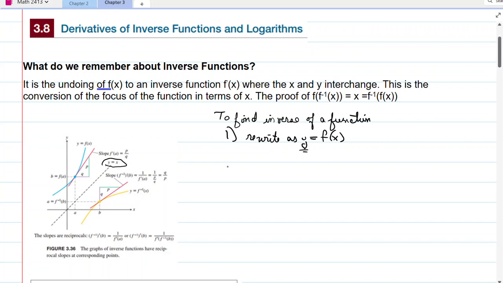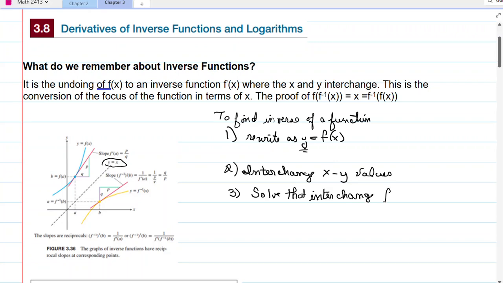And the way I taught it when I was teaching this in algebra is the fact that we interchange the x and y values and we solve that interchange for y.